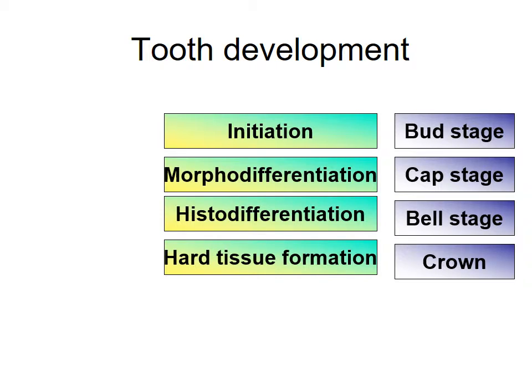These stages occur due to the initiation, morphodifferentiation, histodifferentiation and hard tissue formation in particular tooth developing tissues.